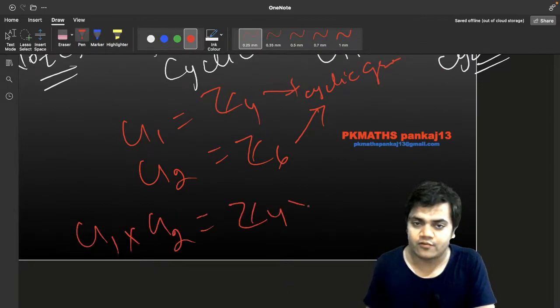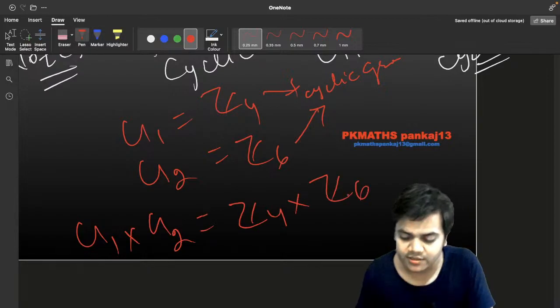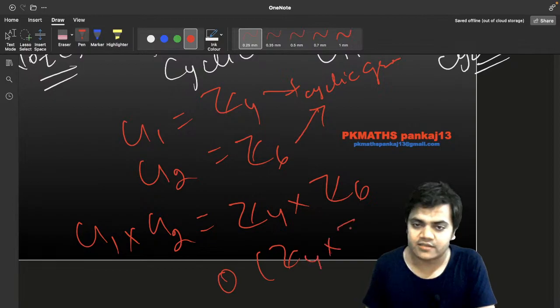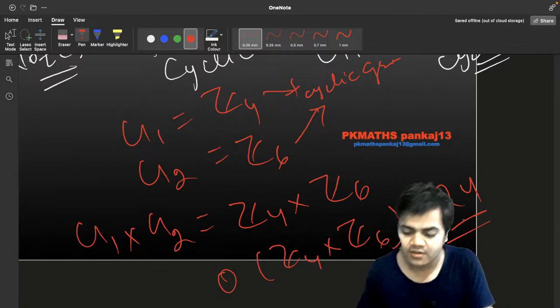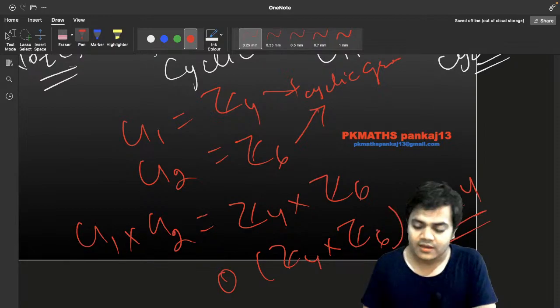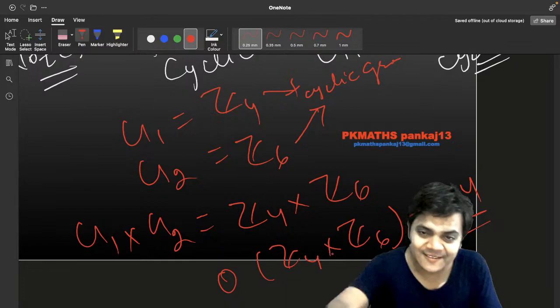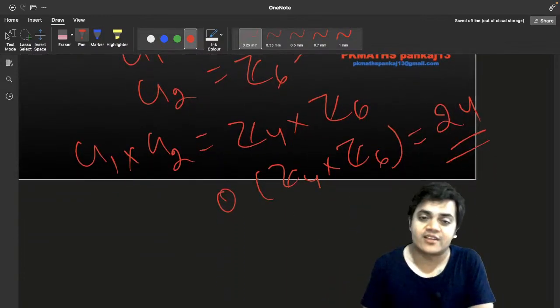Certainly this is Z4 cross Z6, isn't it? And the order of Z4 cross Z6 is what? You will not hesitate to say it's 24.